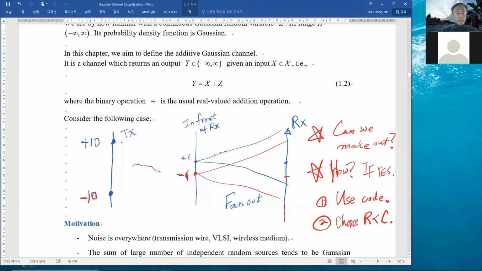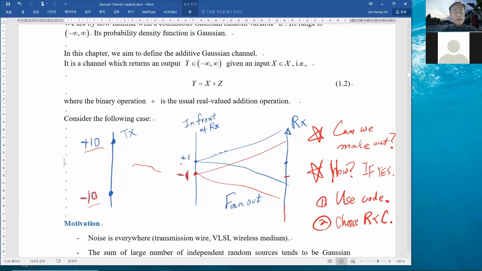So you transmit with this much power or energy. By the time it reaches the receiver, in the case of wireless communication, the energy of the signal sent has been reduced because it has, let's say, traveled a long distance, for example.